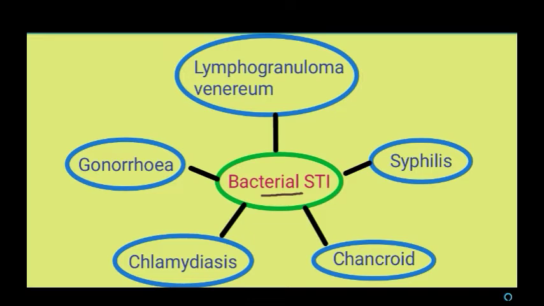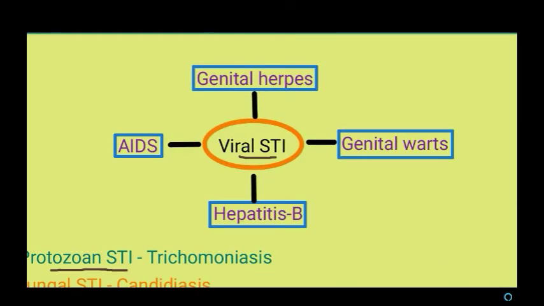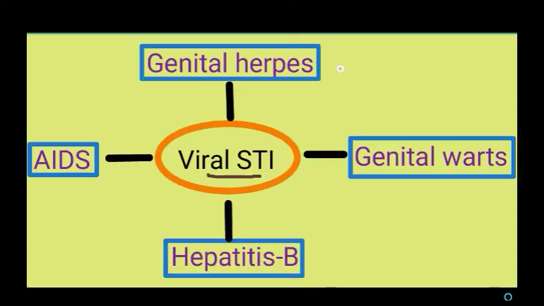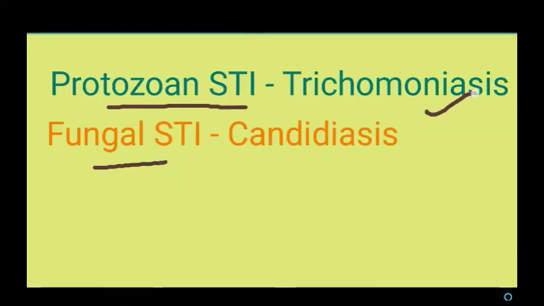They are lymphogranuloma venereum, syphilis, chancroid, chlamydiasis and gonorrhea. The viral sexually transmitted infections are genital herpes, genital warts, hepatitis B and AIDS. Under protozoan STI, we are learning about trichomoniasis. The fungal STI is candidiasis.